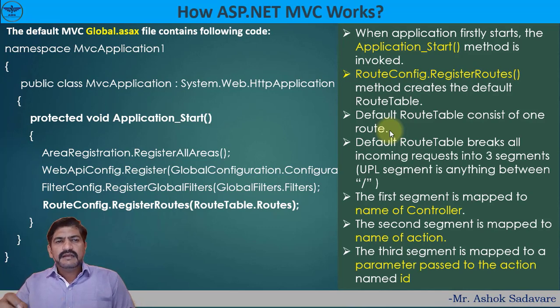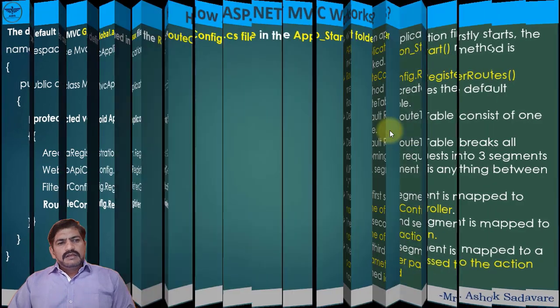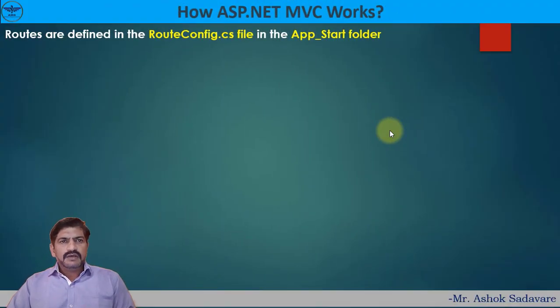The second segment is mapped to the name of the action, and the third segment is mapped as a parameter which is passed to the action; the name of the parameter is id. This id is passed as a parameter to the action. These routes are defined in the RouteConfig.cs file in the App_Start folder. So this is the code.